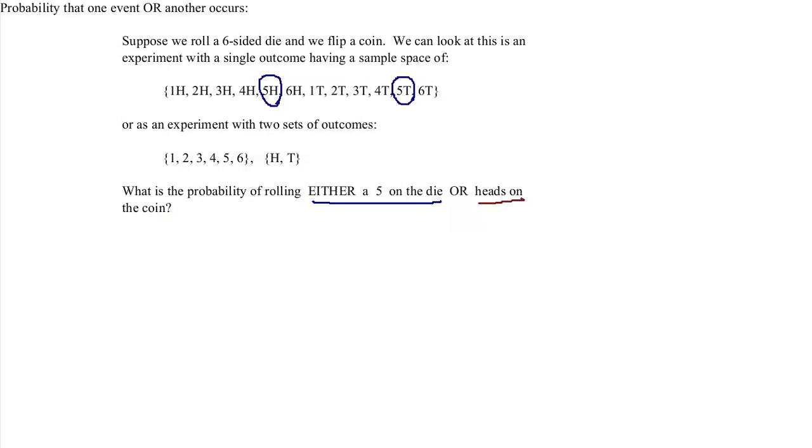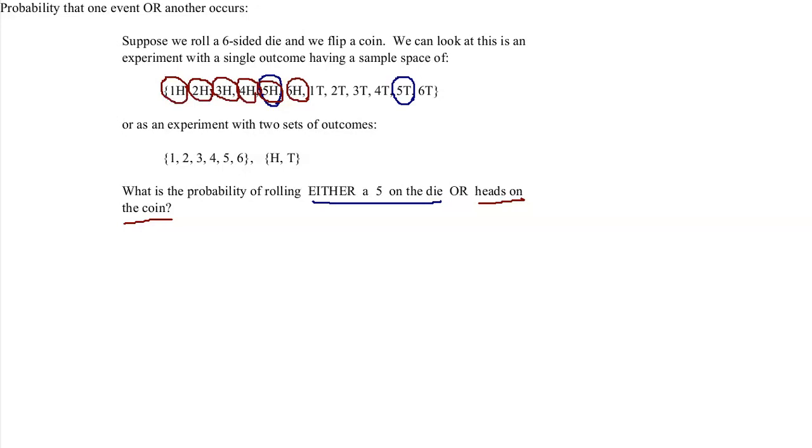So which of these involve rolling heads on the coin? Well, 1 on the die, heads, 2 on the die, heads, 3 on the die, heads, 4 heads, 5 heads, 6 heads. Alrighty. So we want to know the probability of either rolling that 5 or flipping heads on the coin.